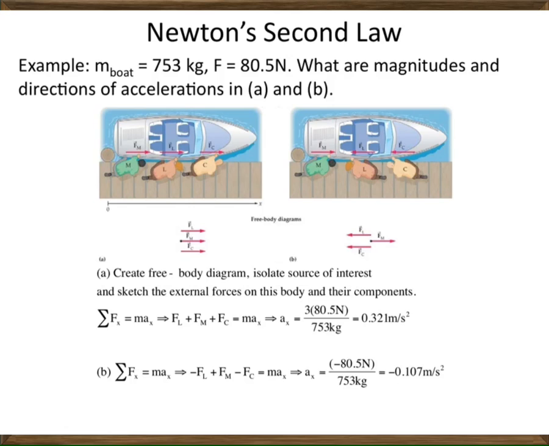In the first case, all of the men are pushing the boat in the same direction, toward right. In the second picture, 2 of the men this time reverse the direction, and they are pushing the boat in the reverse direction, whereas there is only 1 man pushing the other direction. So we will find the acceleration in both cases.